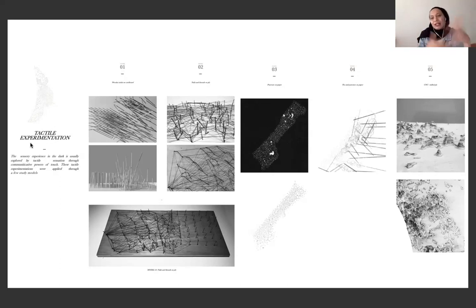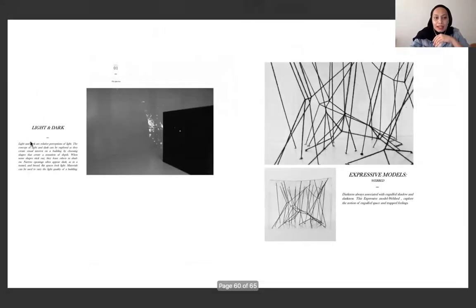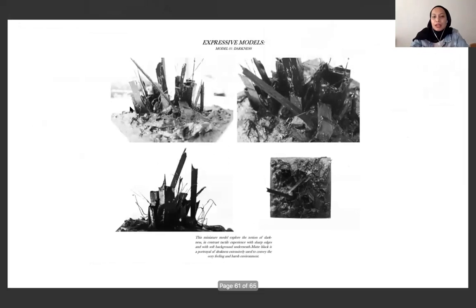So from this you start to feel what's right, what's not. And then this is another one: in the dark and light, we're trying to play with light bulbs as well. And then we come to something like this, which is expressive models.